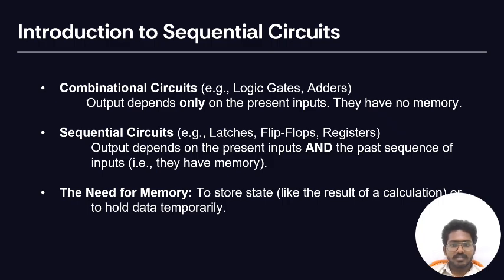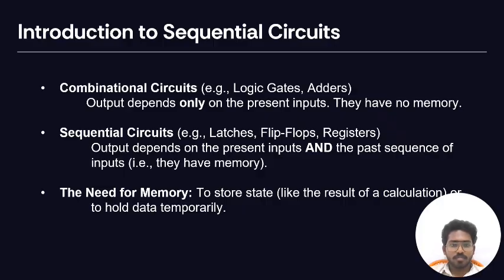To appreciate registers, let's briefly recall the circuit types. We have combinational circuits, which are memoryless. They react only to the present inputs, like a calculator producing a result instantly. But most complex systems need sequential circuits because they require memory.